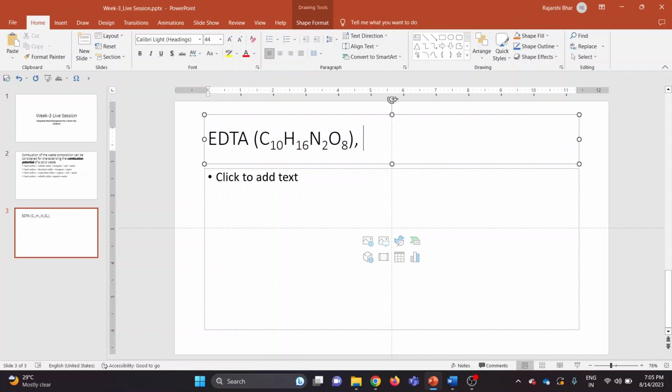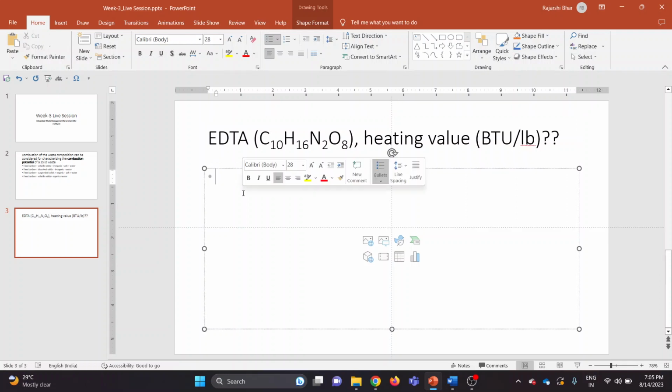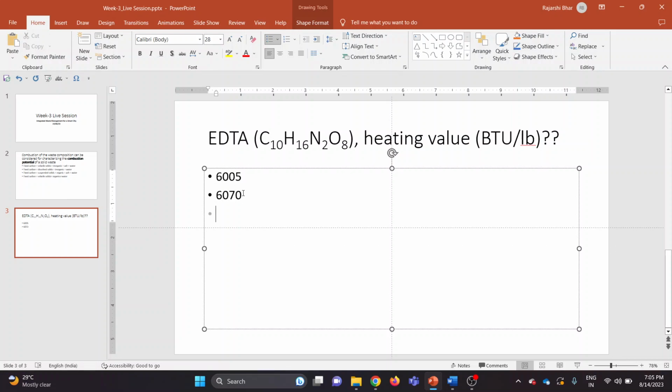You have to calculate its heating value, and the unit should be BTU, British thermal units per pound. All of the options are in BTU per pound only. So I will just type the values. So these are the values. If you require a hint, I can give you one. You can use the chat box for the same.